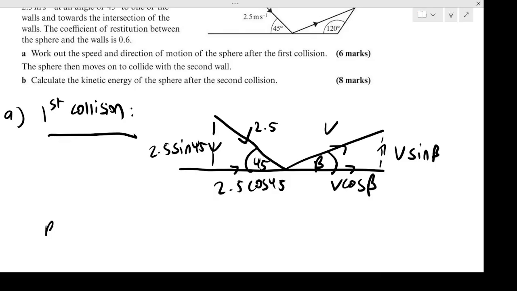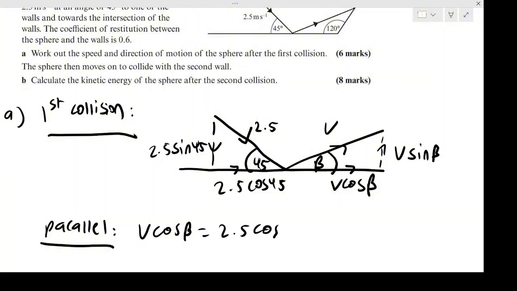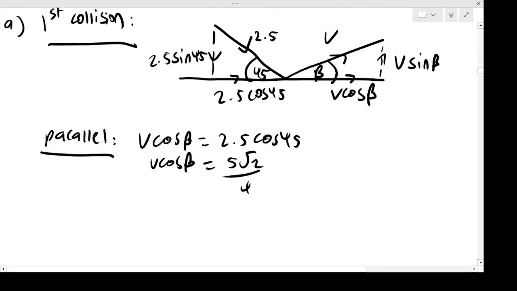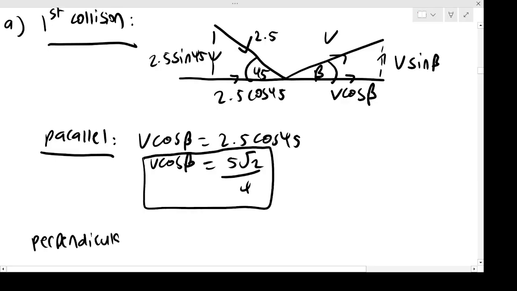So then the parallel parts: that's going to be v cos beta equals 2.5 cos 45, and actually we can simplify this. If we put 2.5 cos 45 in the calculator, we get 5 root 2 over 4. So that's my first equation. Then if I do the perpendicular, that's going to be v sine beta.